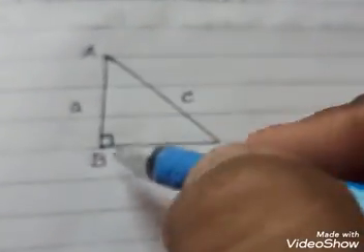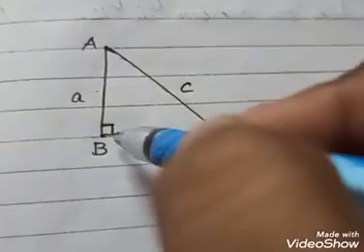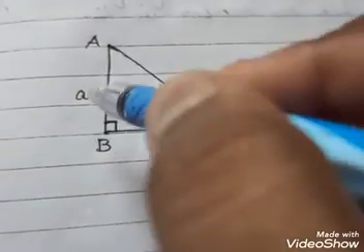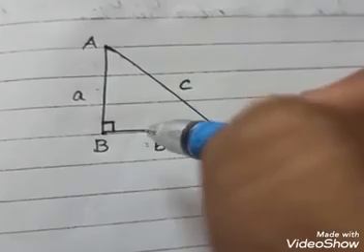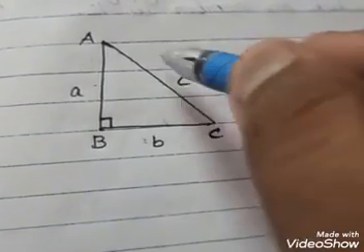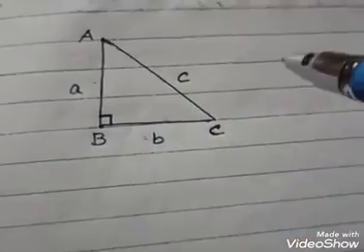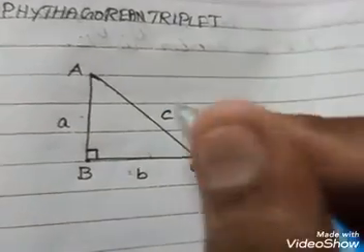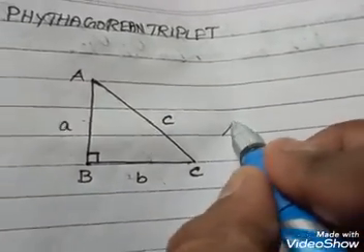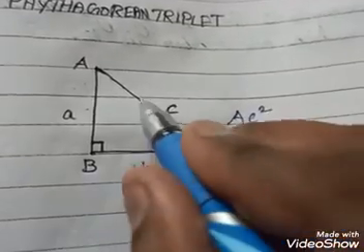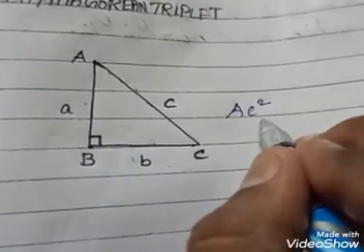So AB and BC are these two sides. Separately you need to square and add both. That value is equal to this one value, that is AC square. So generally we take AC square. On this side you take it and square it.